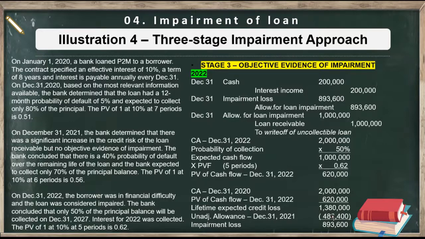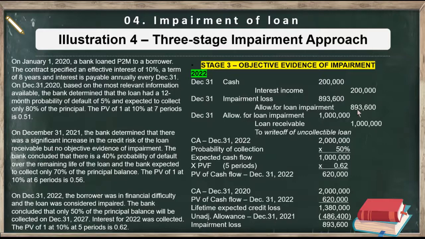How much would the balance be? So originally, what we recognized in the previous period, right? How much was that? 486,400, right? 486,400. And then we credited here 893,600.